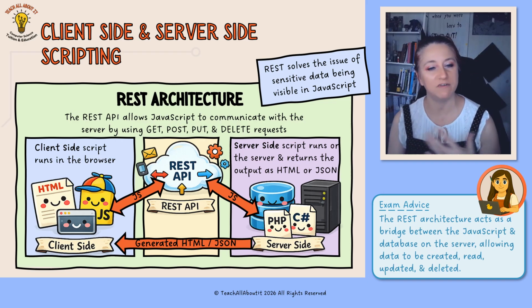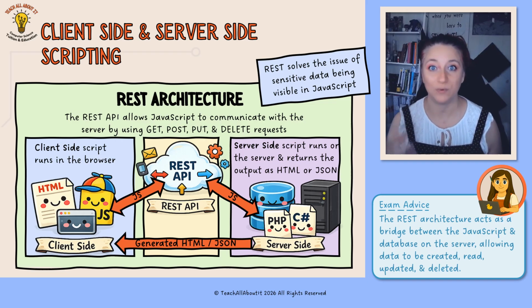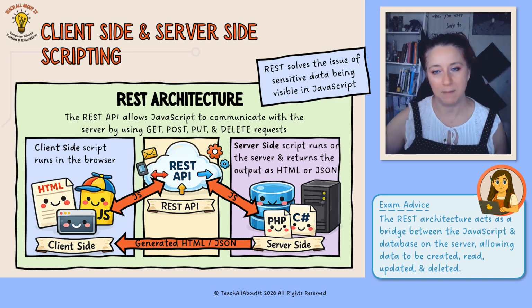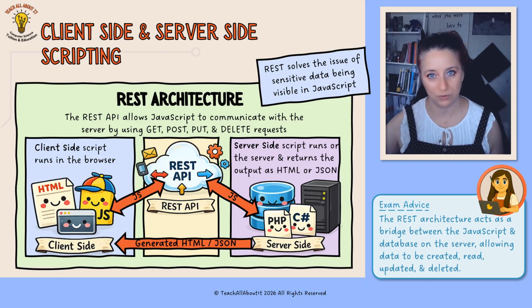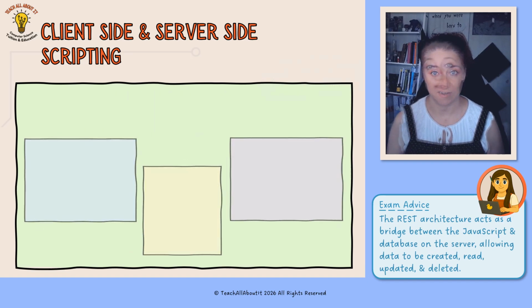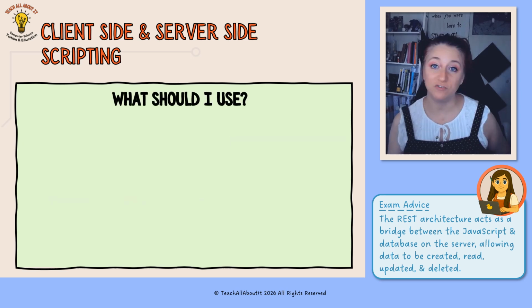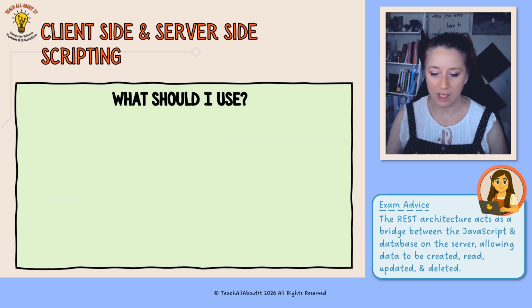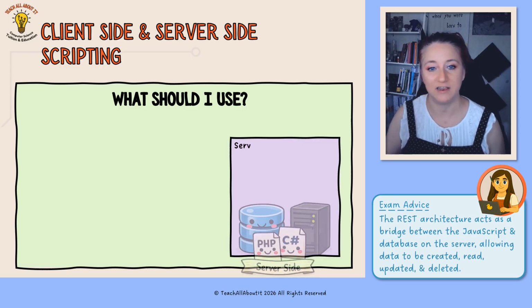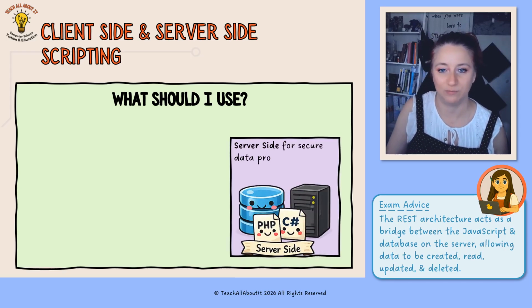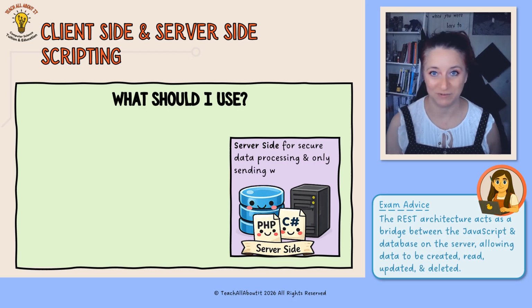With the newer versions of JavaScript, so jQuery and other things like that, there is far more that you can do, and then there's sort of a hybrid of client-side, server-side. So if you want to do anything which is secure or uses any kind of database, then you want to be using this one over here, not your JavaScript.